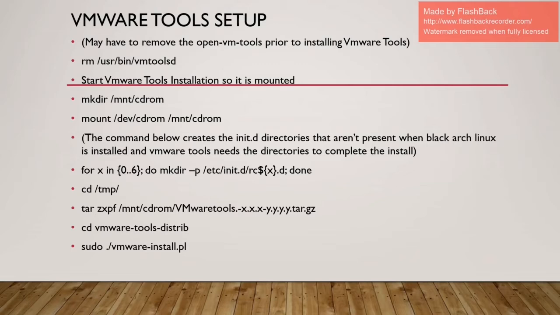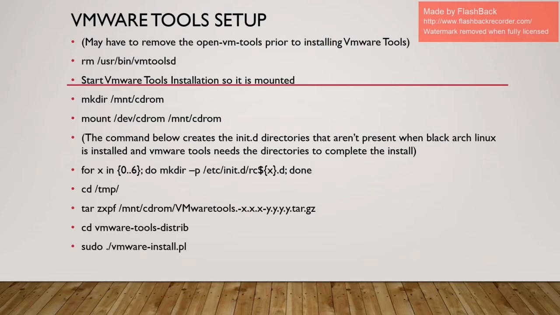With BlackArch Linux, when you install the distro, it does not have the init.d directories in the file system. It does not exist. So to help VMware Tools and be ahead of the installation process, just run the command for x in (0..6) and go on. Just run the entire command.